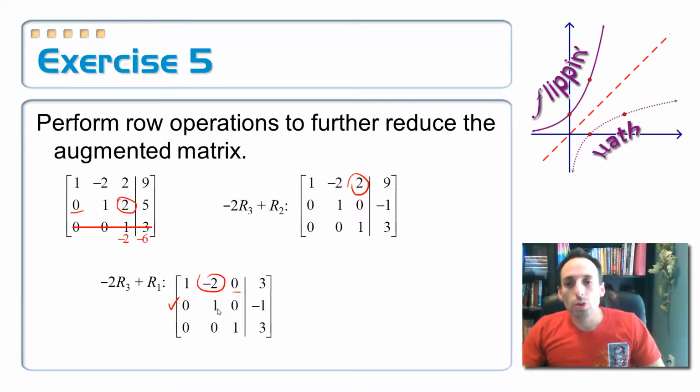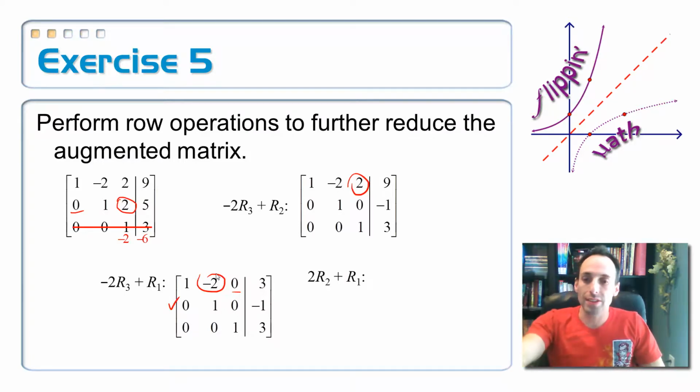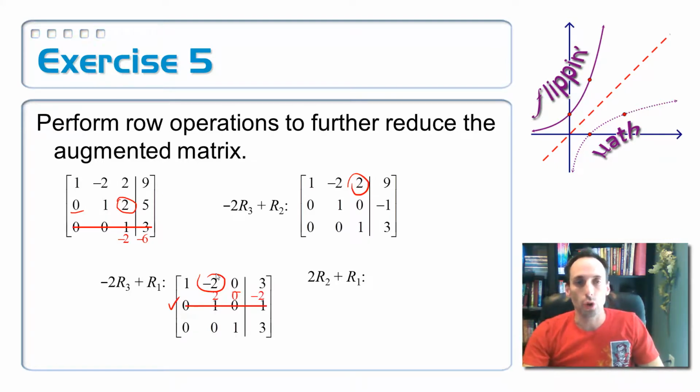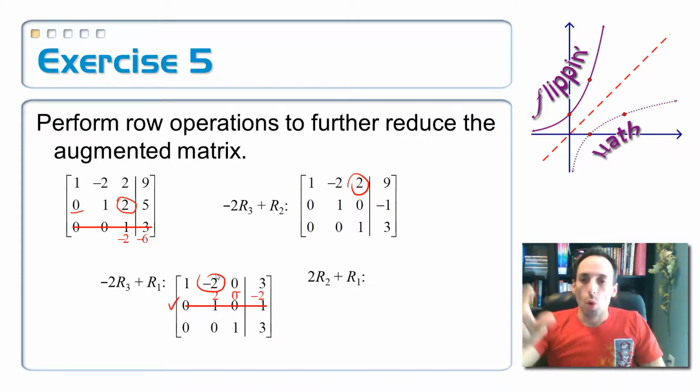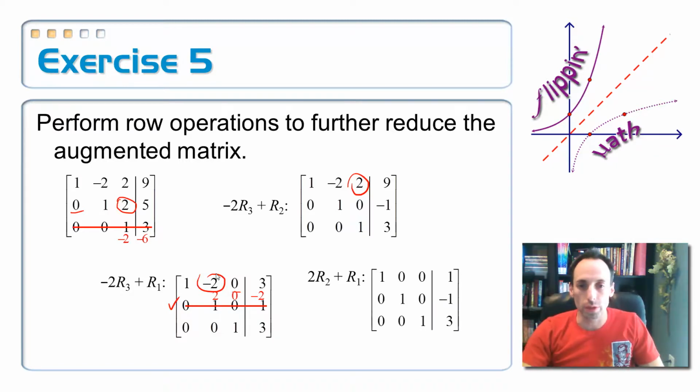So we're going to do 2 times row 2 to replace row 1. Let's go back to that other matrix and multiply everything in that second row by 2, just to help my addition out a little bit. So 1 plus 0 is 1. Negative 2 plus 2 is 0. 0 plus 0 is 0. And finally 3 minus 2 is 1.